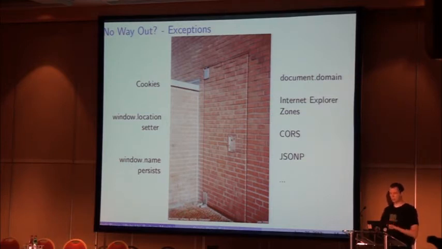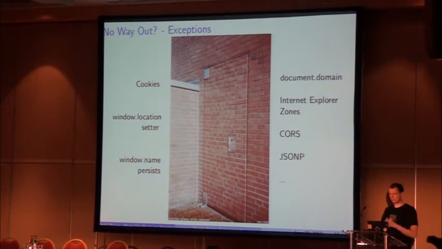Then there's window.location. If the window object you're having belongs to a different window that might be in a different origin, you might think, okay, all the attributes are not really accessible. But you're somehow able to set window.location even if the window belongs to a different origin. That's just one of dozens of different exceptions.